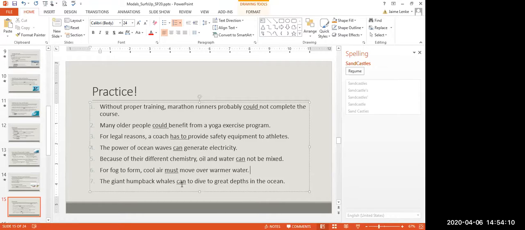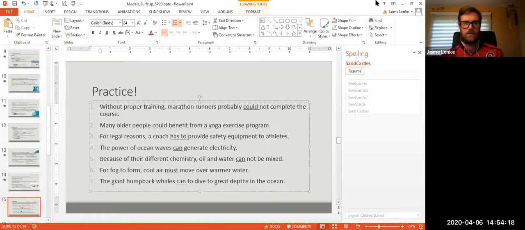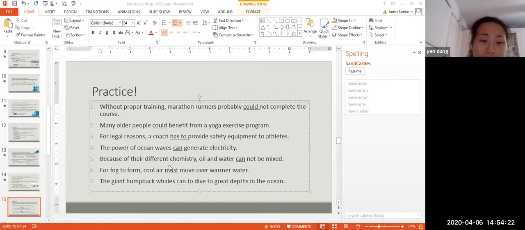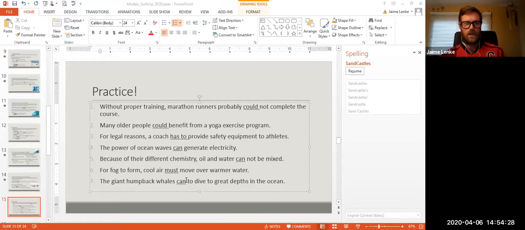So it's not have to. Could to dive. So we would remove to. Perfect, right? So we would take out to here. Okay. The giant humpback whales can dive to great depths in the ocean.